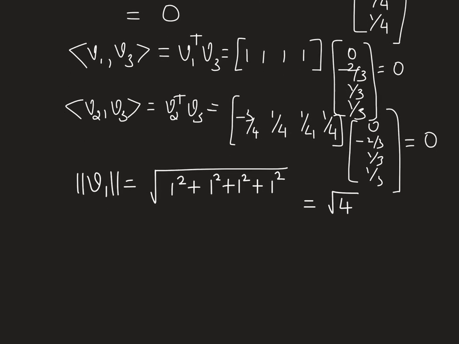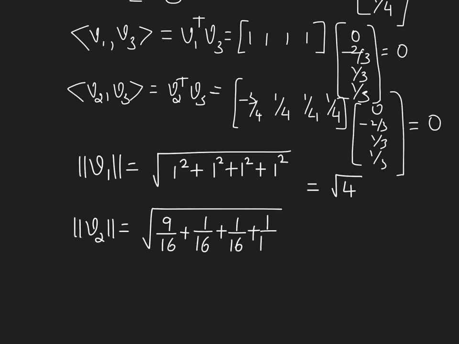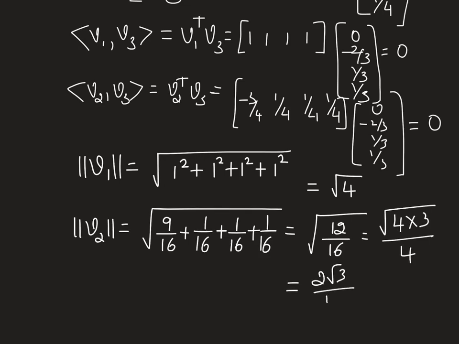Next, normalization of V2. The square root of, we have the V2 elements: minus 3 by 4, that is 9 by 16, then 1 by 16, 1 by 16, 1 by 16. So it is the square root of 12 by 16. 12 can be written as root of 4 into 3, therefore it is 2 root 3 by 4, or you can write root 3 by 2.